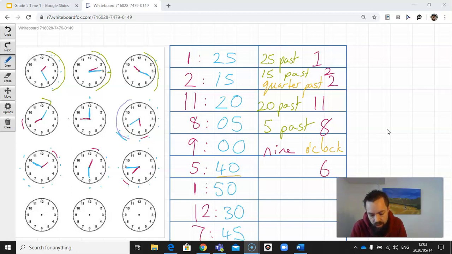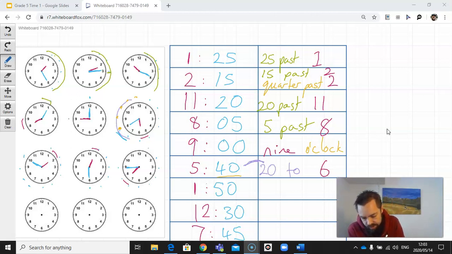You can count on the clock. We need 5, 10, 15, 20 more minutes to get to the next hour. And so we're going to say 20 to 6. That's how we get the 20. And you'll notice that if you added these two numbers together, you'll get 60 because there's 60 minutes in an hour.